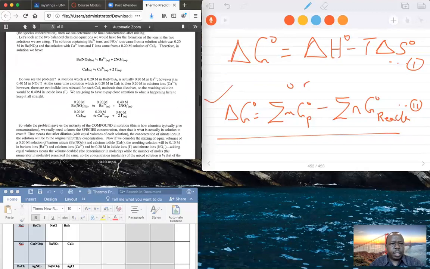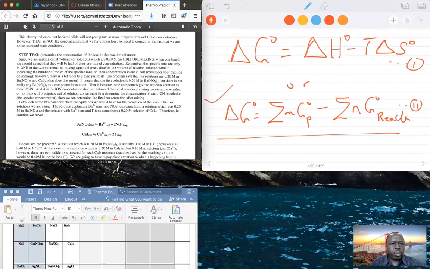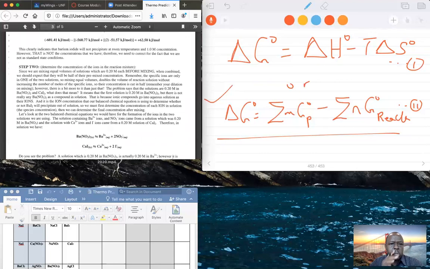Well, there is an example here on how to determine whether a precipitate will take place when you have barium nitrate and calcium iodide.